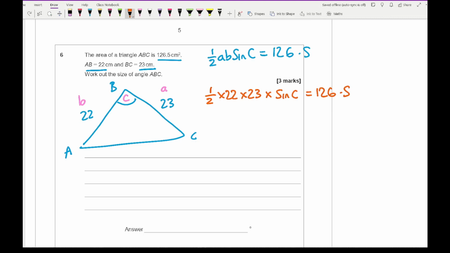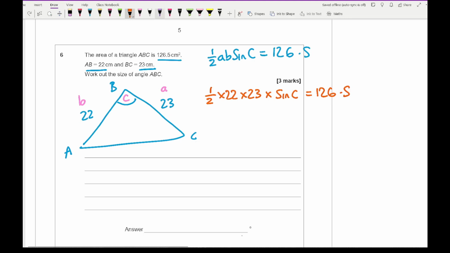Now the key thing with this is, note that although my triangle is labelled ABC, I've had to rearrange those letters so that it applies to the formula. So again, don't automatically think that angle A is going to be the a in the formula or b in the formula. You might have to remix it and rejig it so that it's more correct.